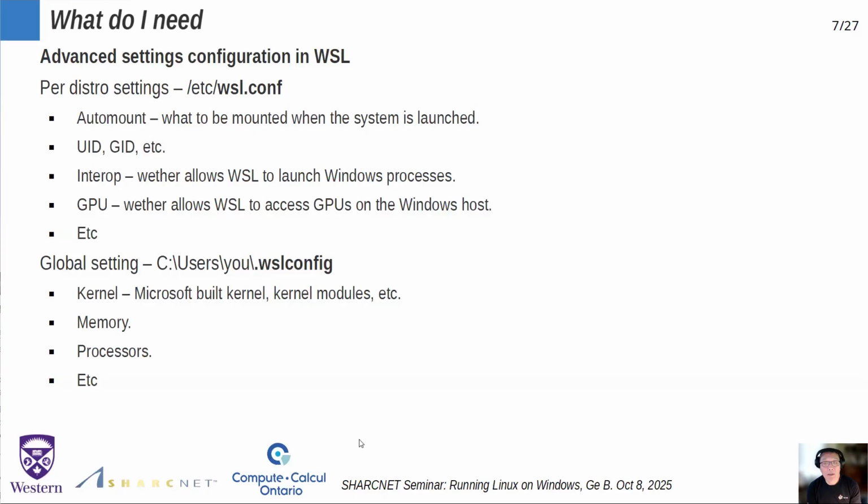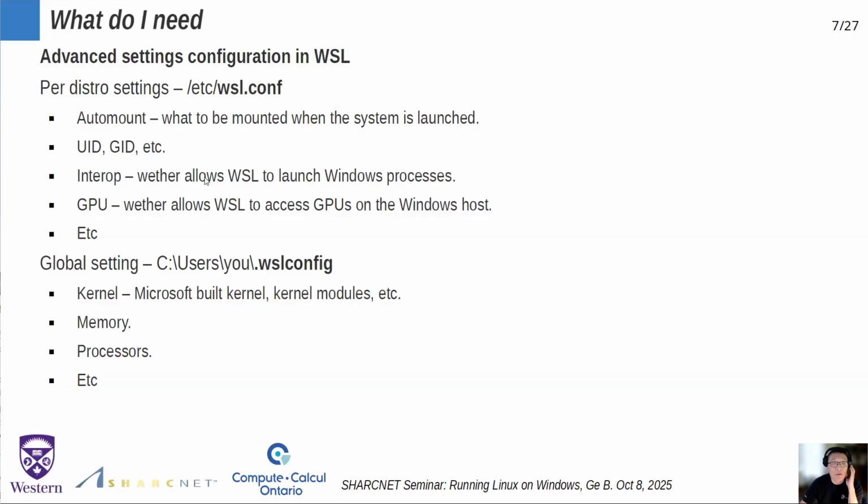And for those of you who want a little bit more fine-grained control, here's a list of pointers. We call it advanced setting configurations in WSL. Just keep in mind, there are two settings. One is for the specific Linux distribution, and this is set inside the Linux itself, in /etc in the file wsl.conf.